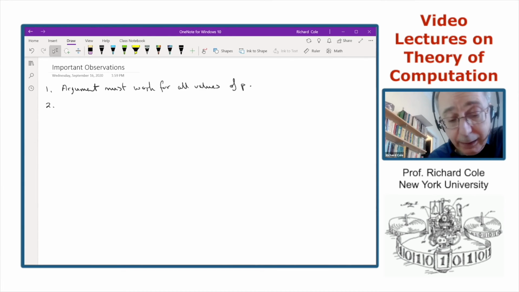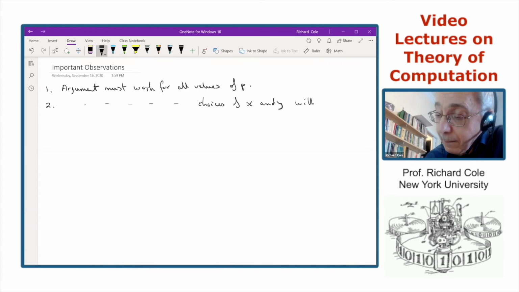The second thing is your argument must work for all choices of X and Y with XY having length at most P and Y having length at least 1.